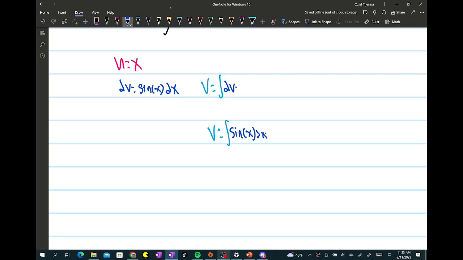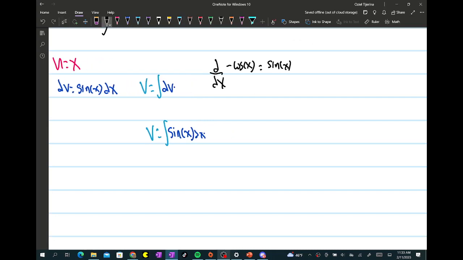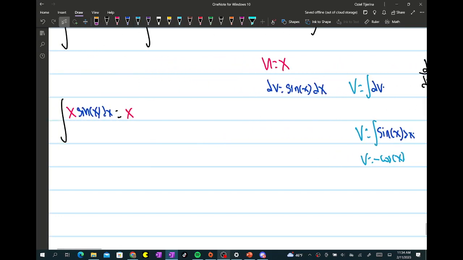Since the derivative of negative cosine of x is sine of x, the integral of sine of x dx is going to be negative cosine of x. So v is negative cosine of x.